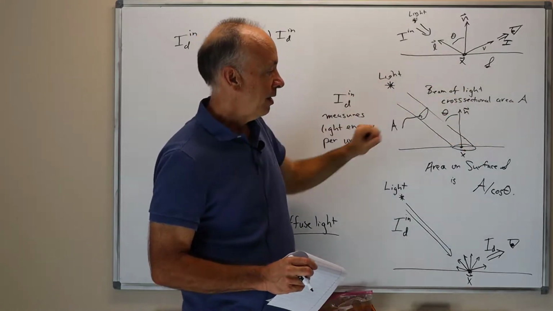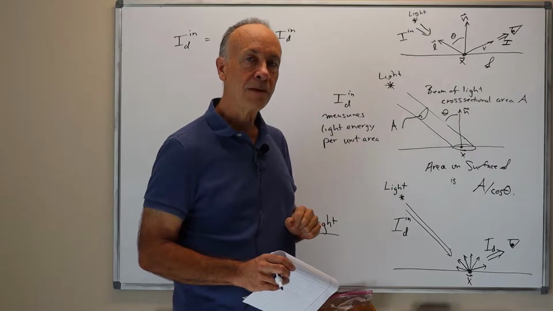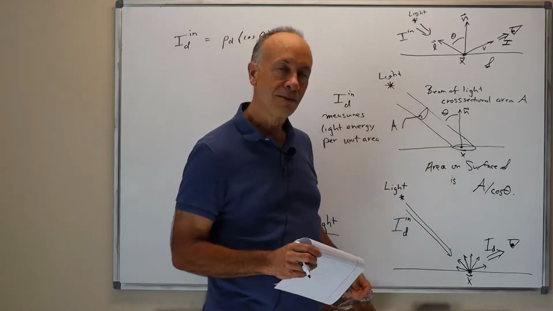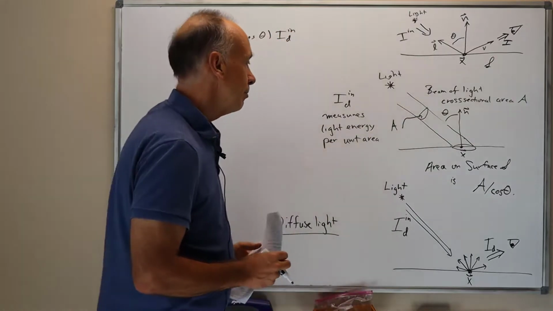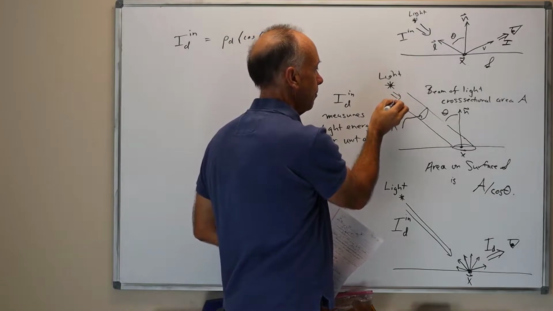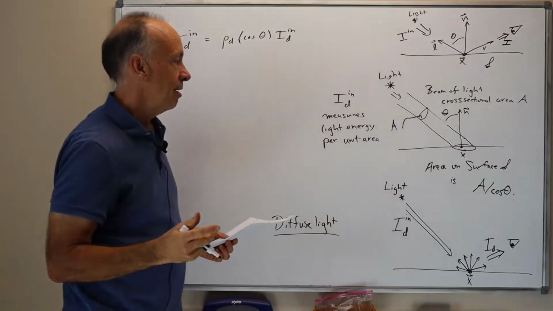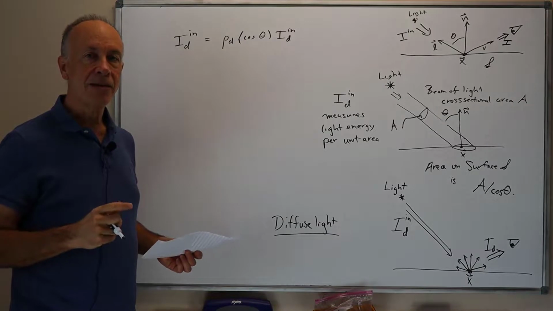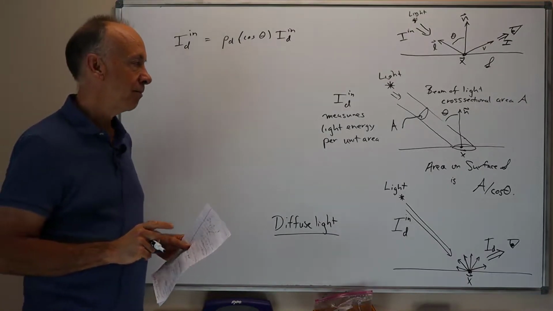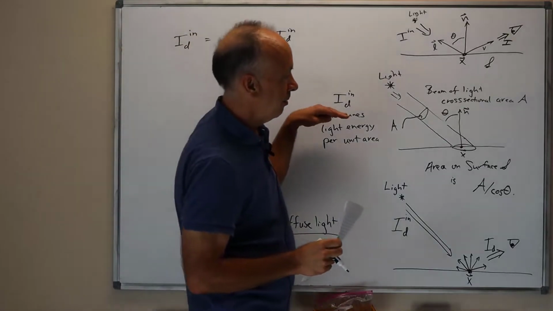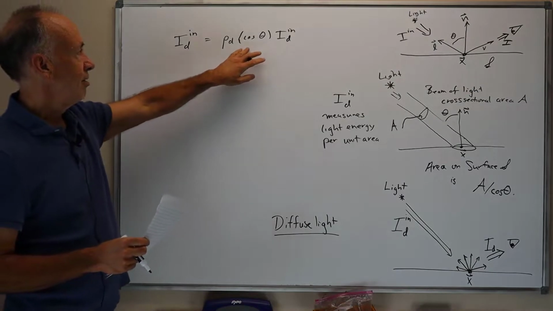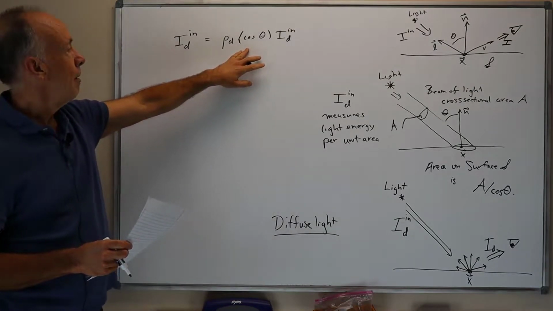At an angle, cosine of theta is less than 1, so the area that the beam is hitting the surface is multiplied by the factor 1 over cosine of theta. What this means then is that the incoming diffuse light, I in D, is less intense per unit area on the surface than it is in the beam coming from the light source. This means that when the beam is hitting a surface from an angle, the surface is less brightly lit. And that's where this cosine of theta factor comes from.